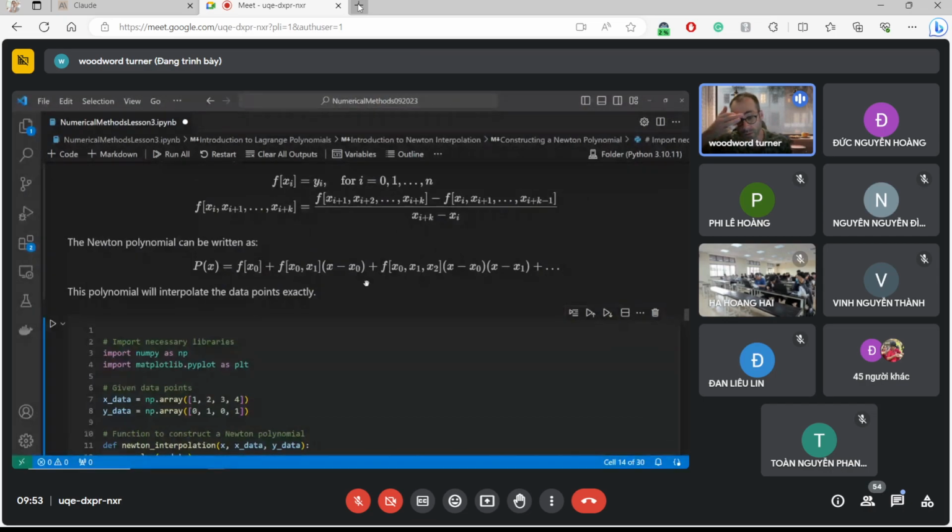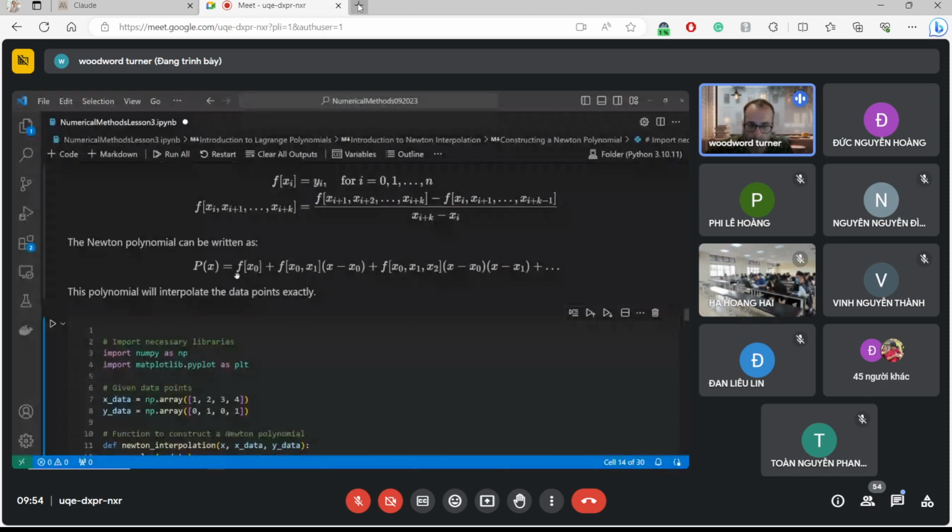Okay, now, so once we have this recursive definition defined, we can calculate the Newton polynomial. Again, this is going to be a function of x. As you can see, I have x's in several of these terms for this polynomial. So how does it work?